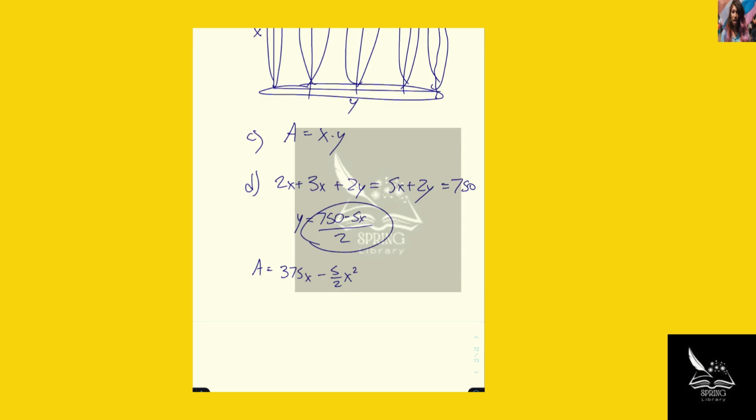Then for F, what we can do is differentiate this area, and we end up getting A prime equal to 375 minus 5x. We set this equal to 0 and see that x equals 75.